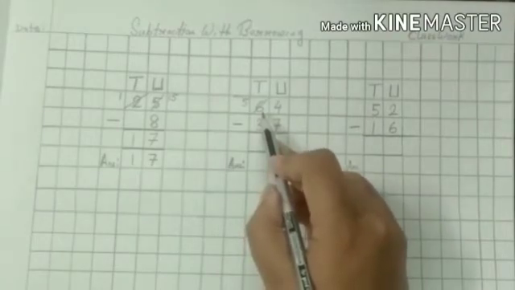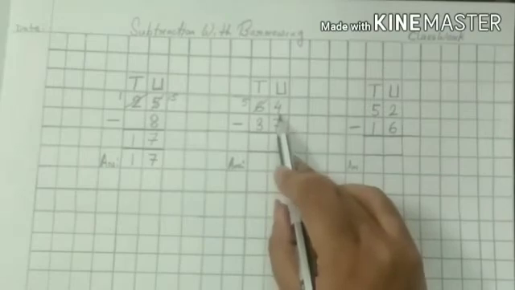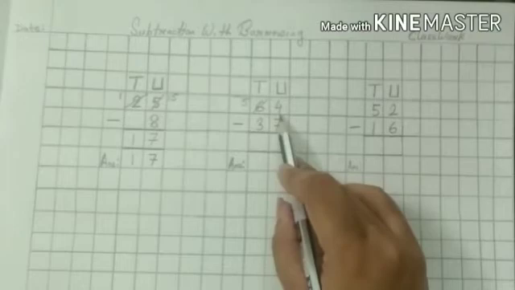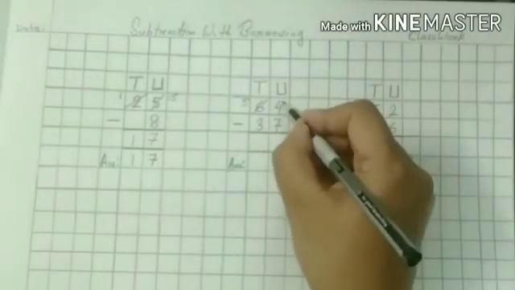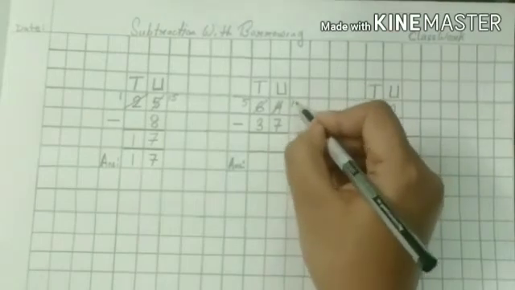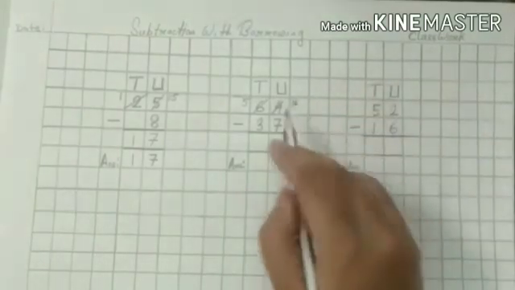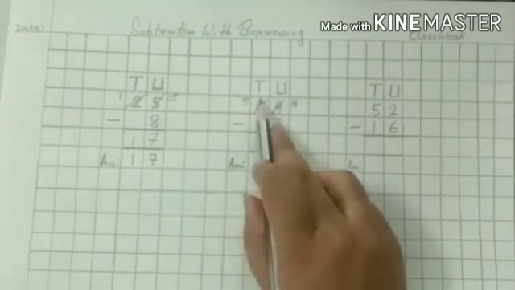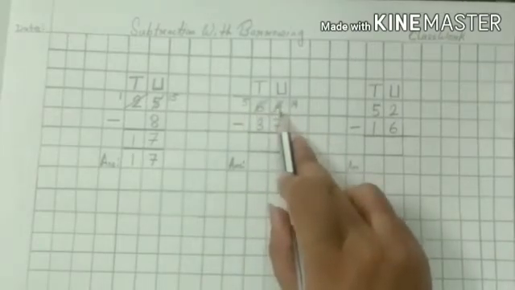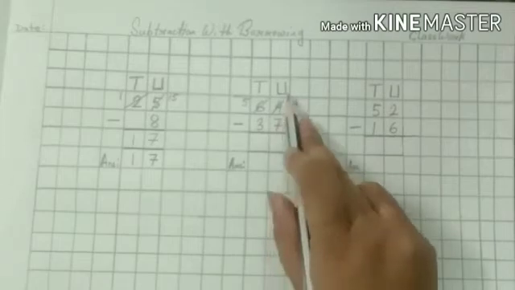Alright? And 4 units plus 10, that is 1 ten, is equal to 14. So 4 will become 14, children. Because we added 1 ten that we took from the tens column to 4 units which we had in the units column.